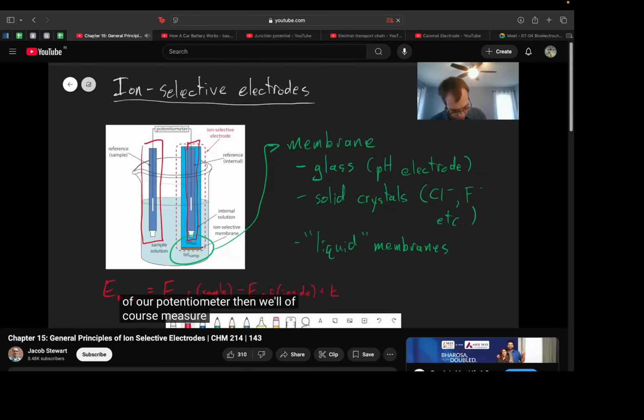Then we'll, of course, measure a junction potential. And importantly, we'll measure what the potential is across this membrane.